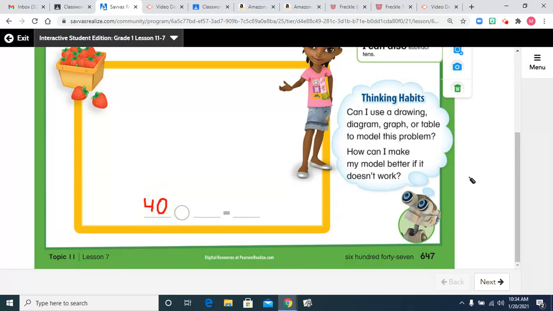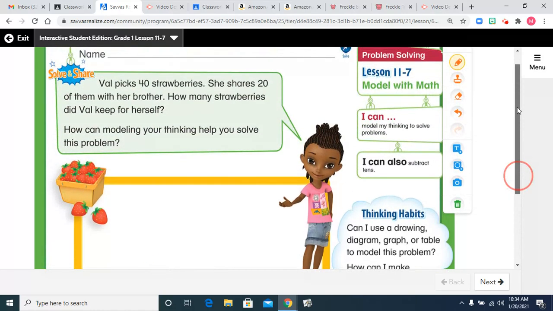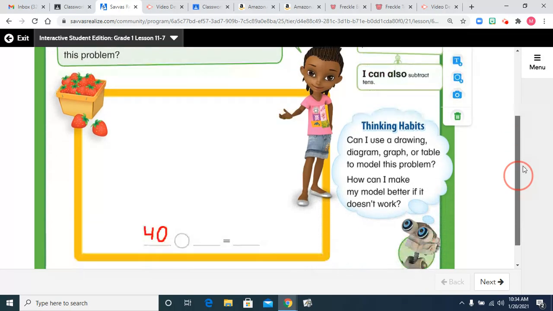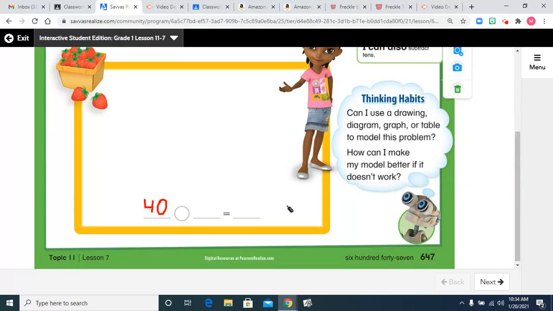So put 40 in the first blank. Remember, when you're subtracting, you always want to start with the biggest number. Then it says she shares 20 of them with her brother. So if she shares them, that means she's giving them away. So that means we're subtracting since she's giving them away. And she gives away 20.